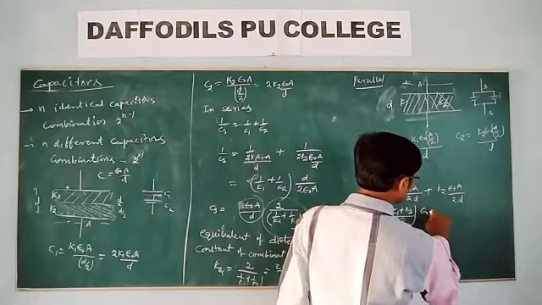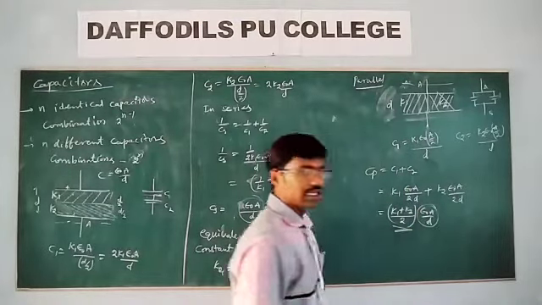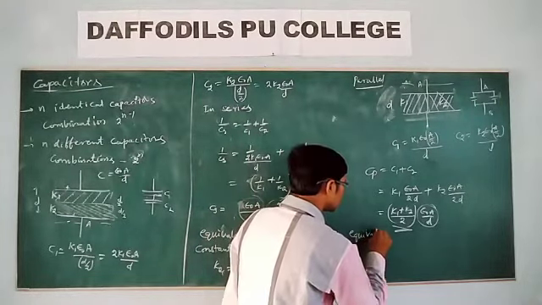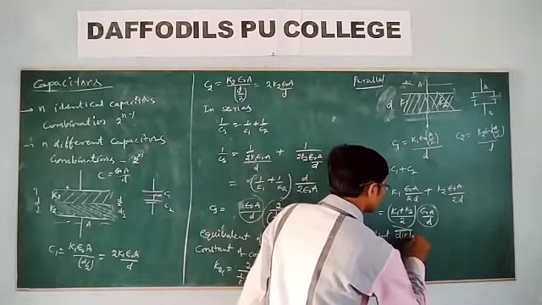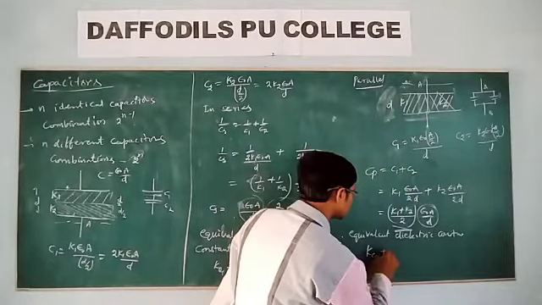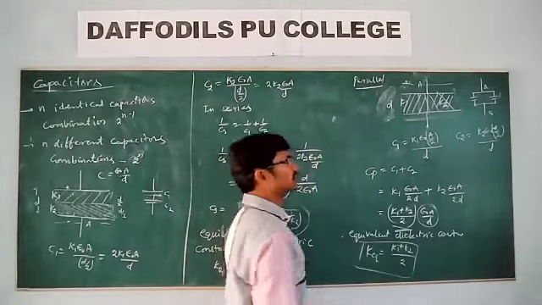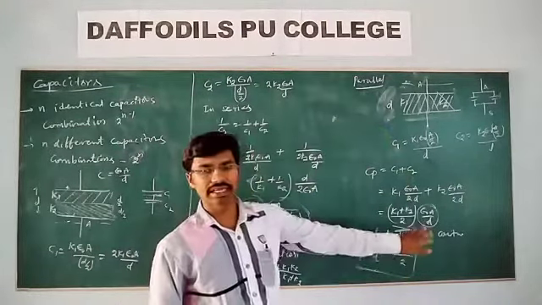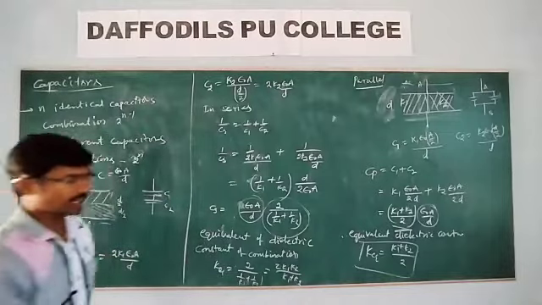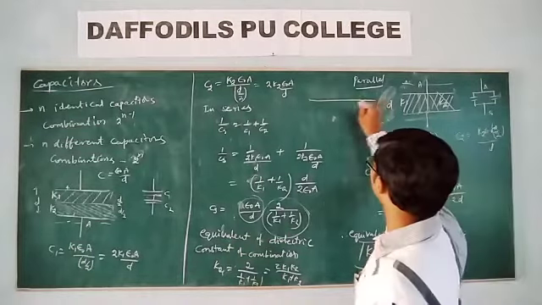This is the initial capacitance times the equivalent dielectric constant of the combination, K equivalent equal to K1 plus K2 by 2. Like this, if you take 3 dielectrics, then K1 plus K2 plus K3 by 3. These are the combinations of the capacitors. You may have different ones, so try to do this one.